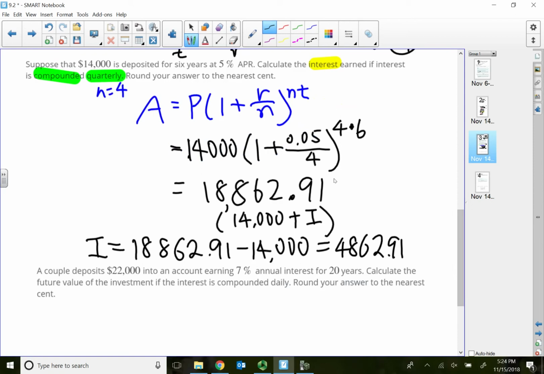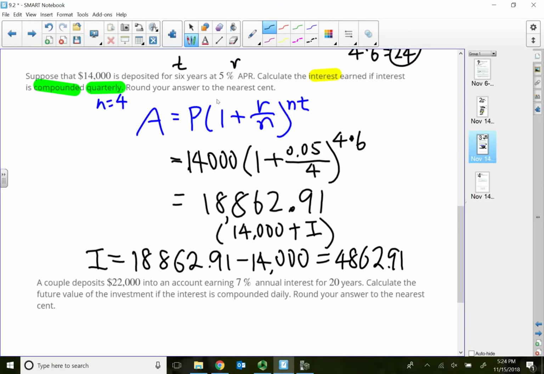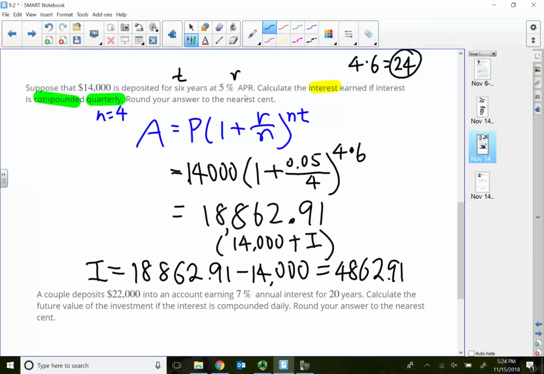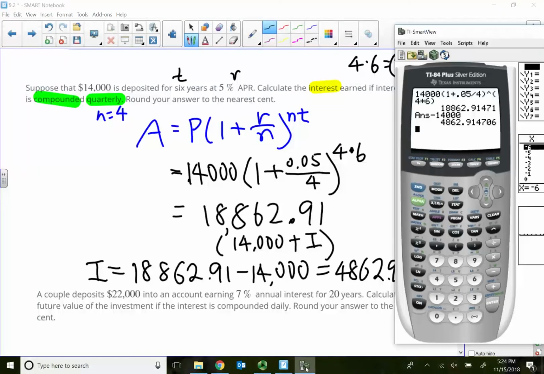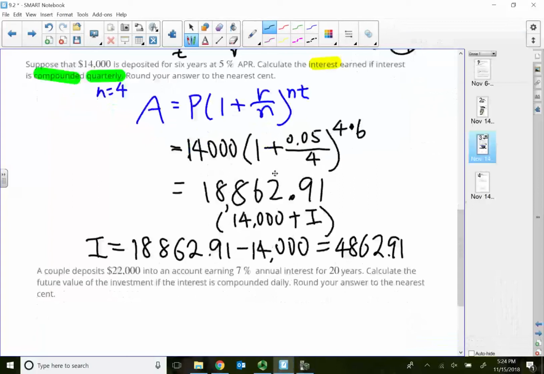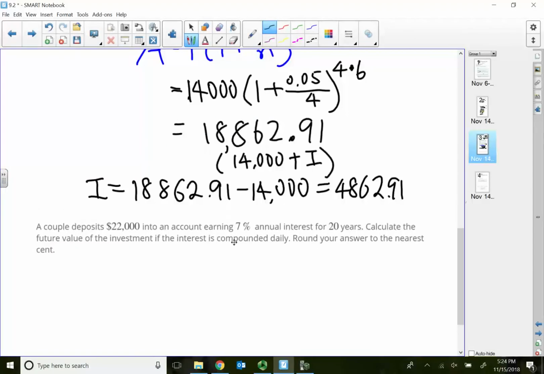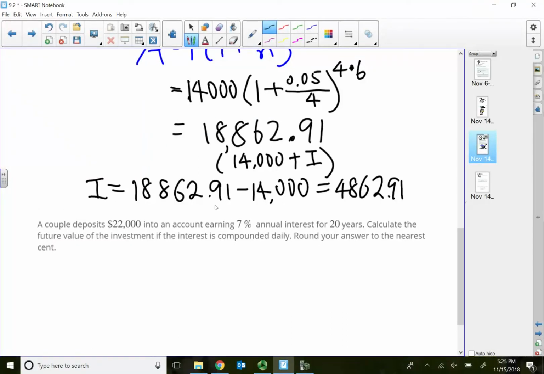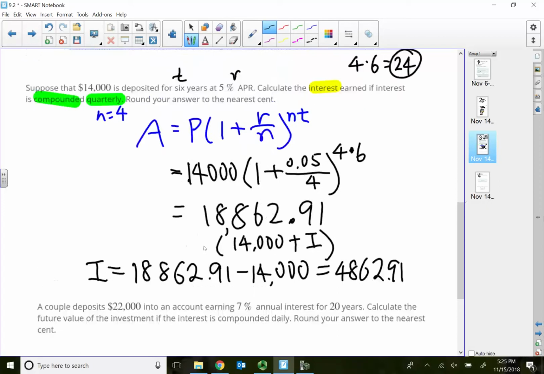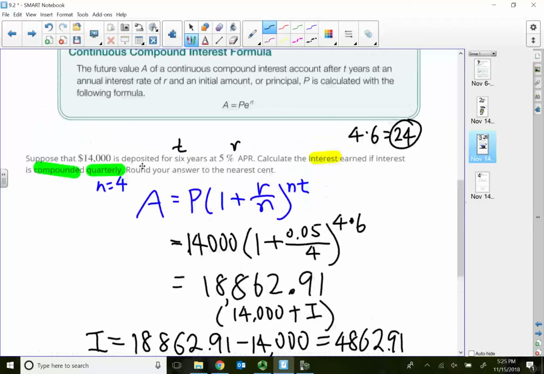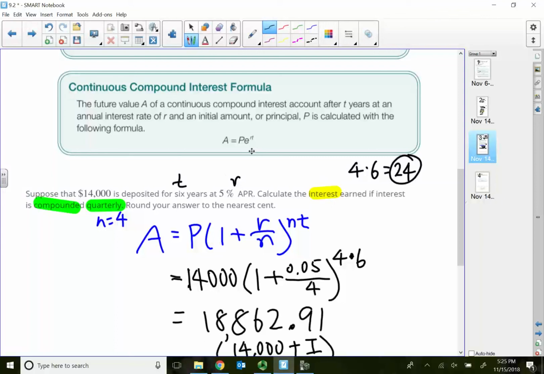It doesn't seem like a lot of money, probably because the interest rate R is not that big. If I had a higher interest rate R, maybe 10%, that would definitely earn me a lot more money. Let me just play with this. Let's pretend this problem says compounded continuously.